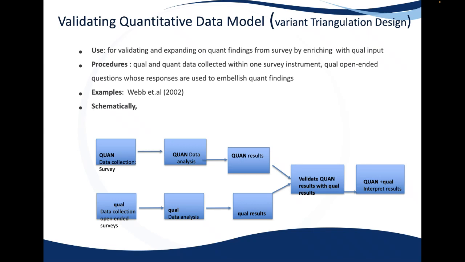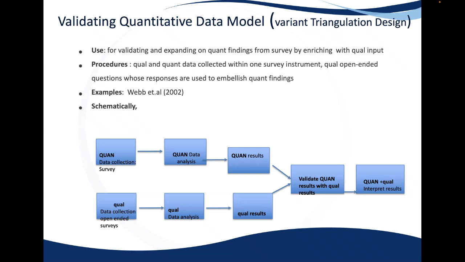And then another variant of triangulation design is this validating quantitative data model. So basically it's the same. Remember, the big part that matters is that it's a triangulation design.